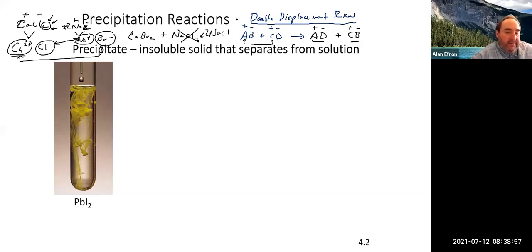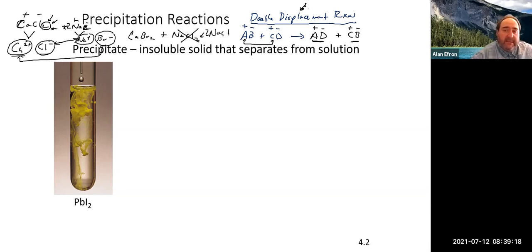Now, when we talk about double displacement reactions, this is what I'm talking about in terms of the big umbrella of some different types of reactions, which are all at the heart of double displacement reactions.